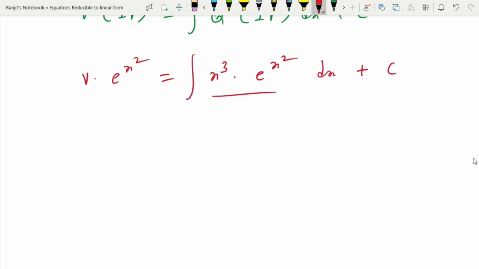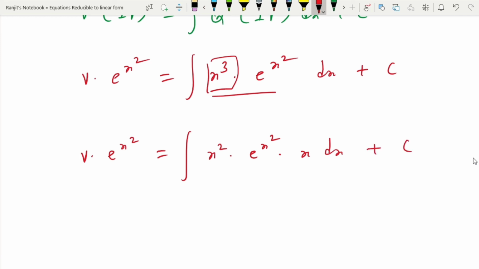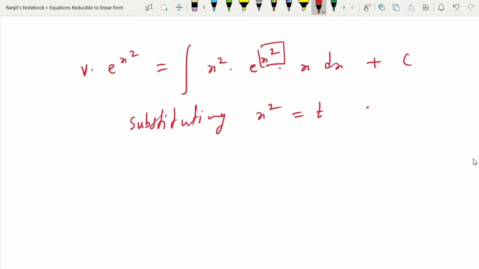Now for the integration of x cube times e to the power x square, we write x cube as x square times x, so we have x square, e to the power x square, x dx plus c. Now substituting x square is equal to t, therefore 2x dx is equal to dt, that is x dx is equal to dt by 2.